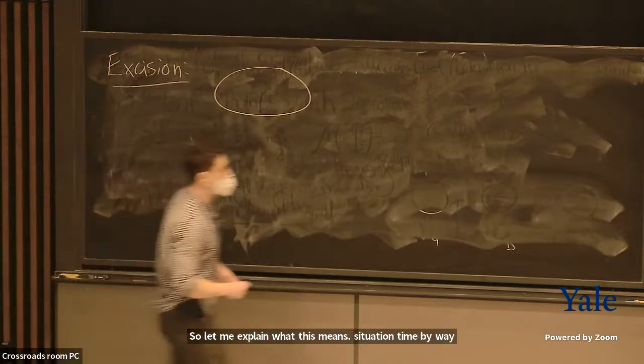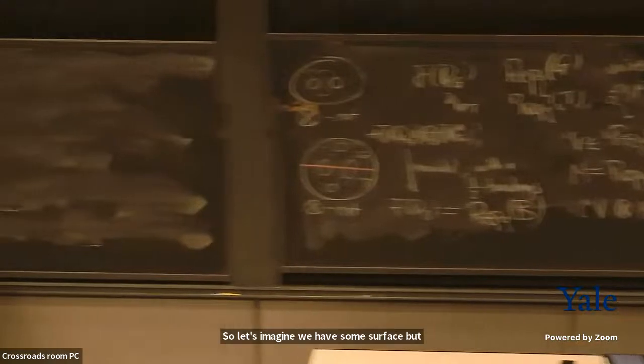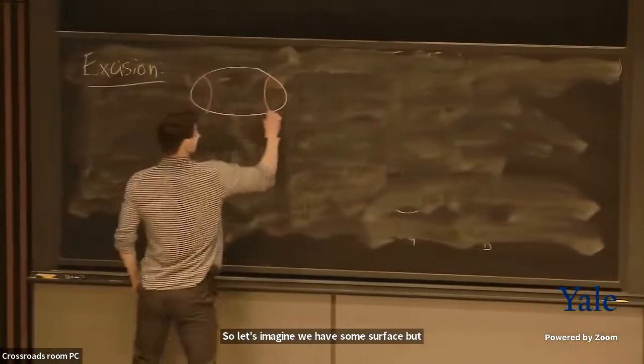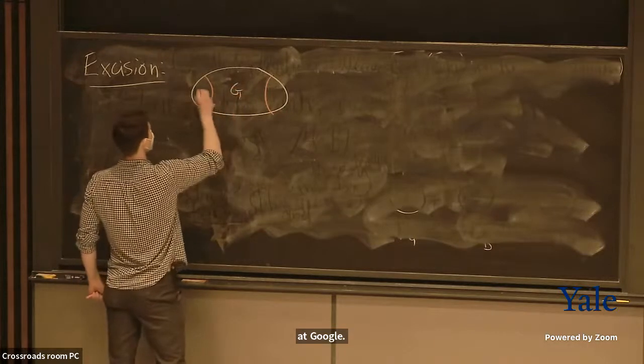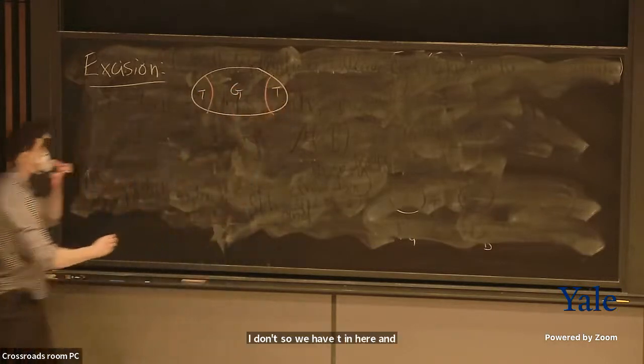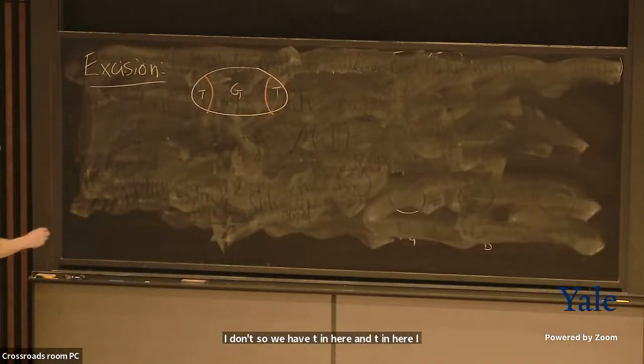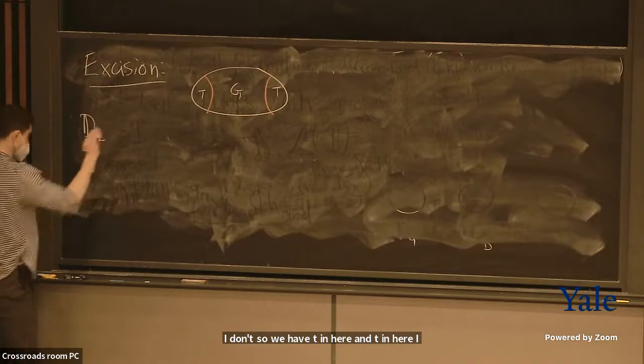So let's imagine we have some surface. Let it be, for us, a two-gon with G in here and T in here. Let's call it D2.